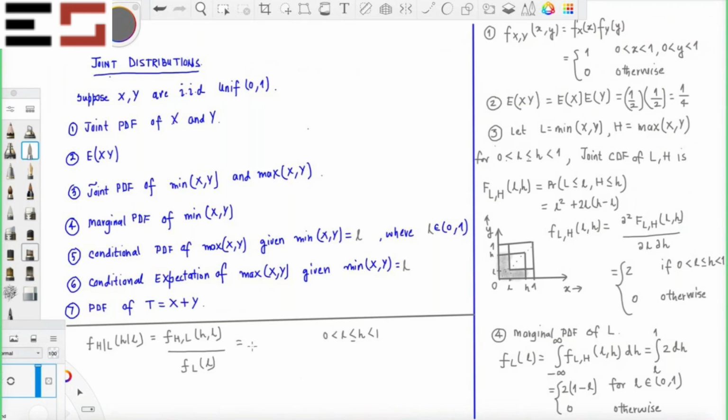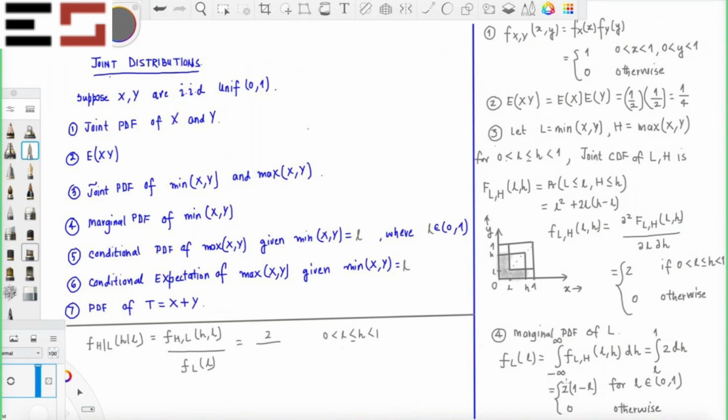So what is it? What is the joint? Joint is 2, right? And what is the marginal of L?